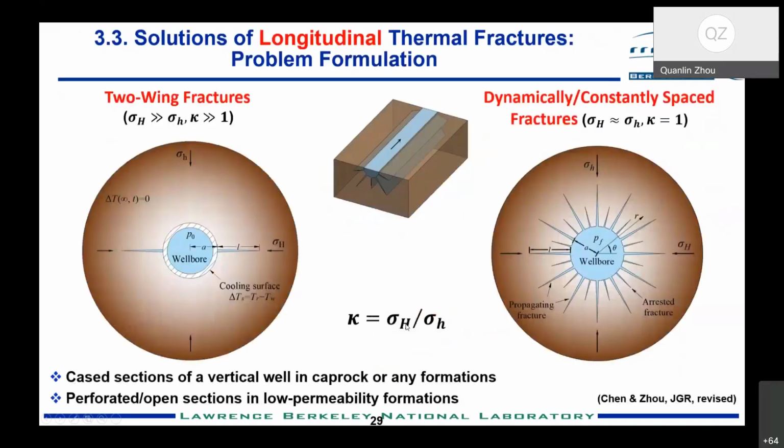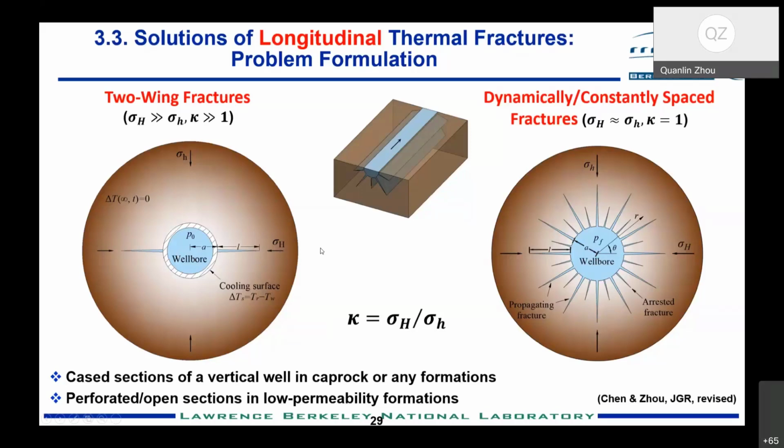So now I think this is the final scenario in our case. That is longitudinal thermal fractures. In this case, it needs to be more complicated because we have to consider two horizontal stresses, the maximum horizontal stress and the minimum horizontal stress. If the anisotropy is strong, we will have two-wing fractures.